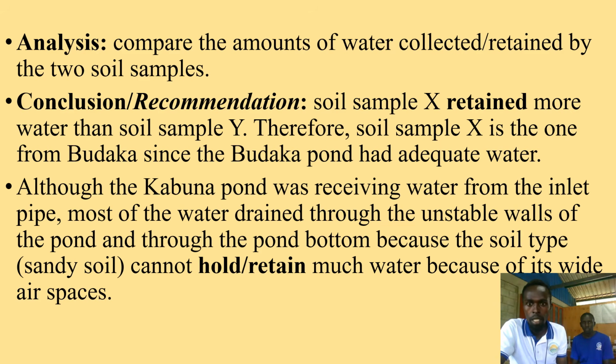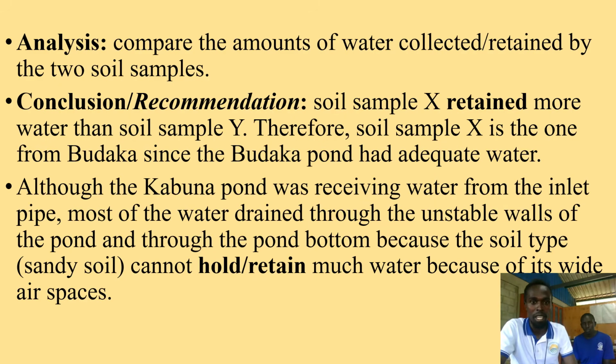Soil sample X retained more water than... You can't even stop there. Another line, soil sample Y retained more water. Soil sample X drained more water or retained less water. The terms should not confuse you so much.